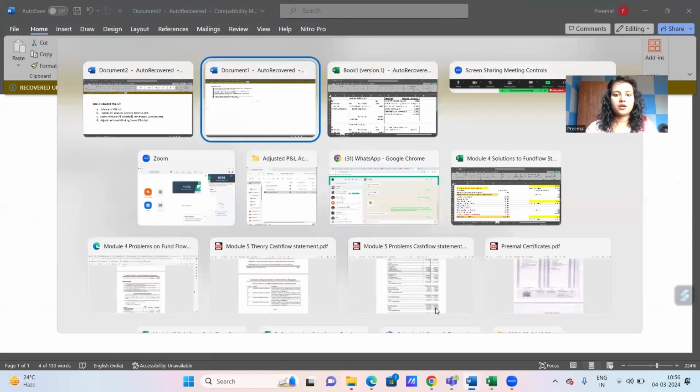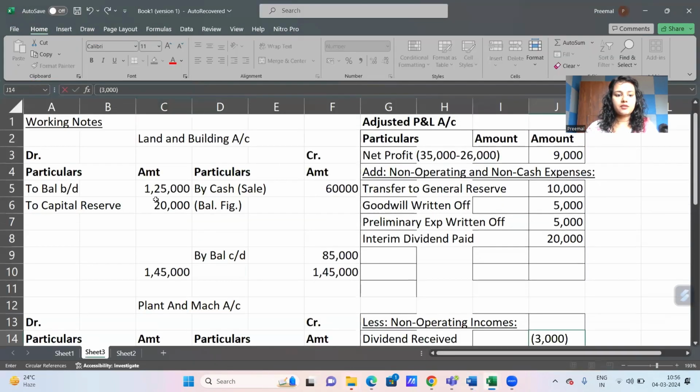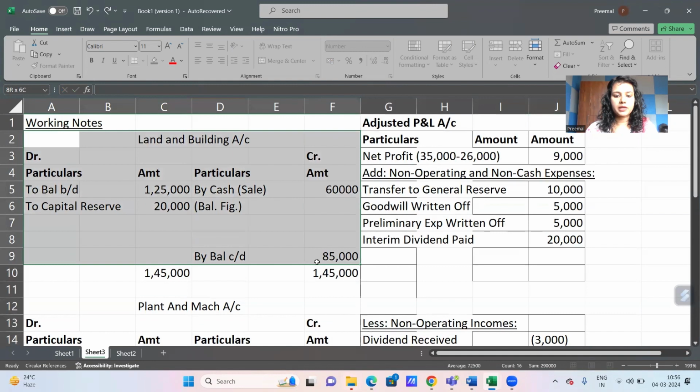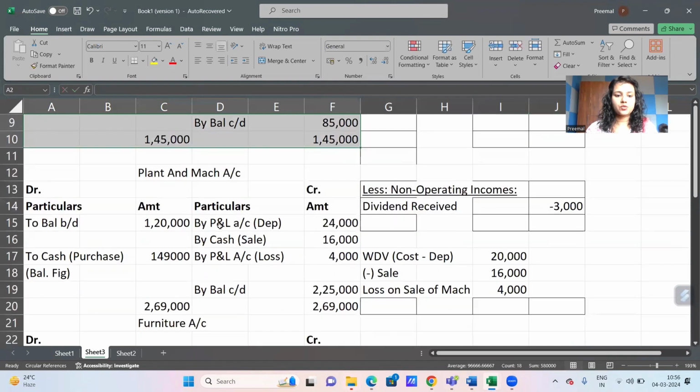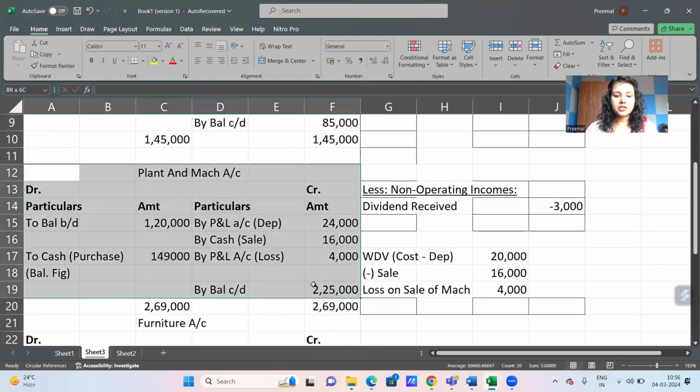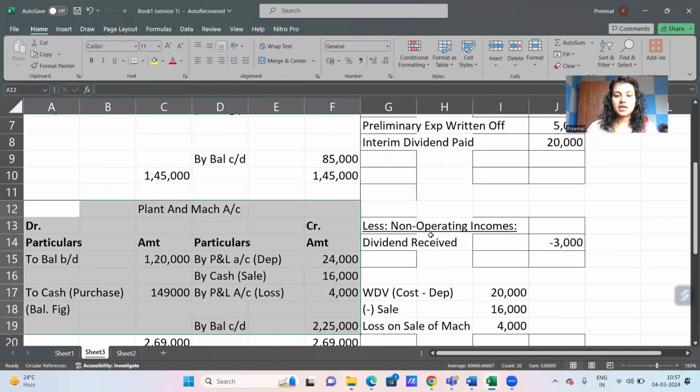Over here, in the first working note, that is for land and building, we don't have any amount that is transferred towards P&L account. We'll move on to the next working note. Under plant and machinery, we have two items or two values that have been transferred to P&L account. One is towards depreciation and one is towards loss.